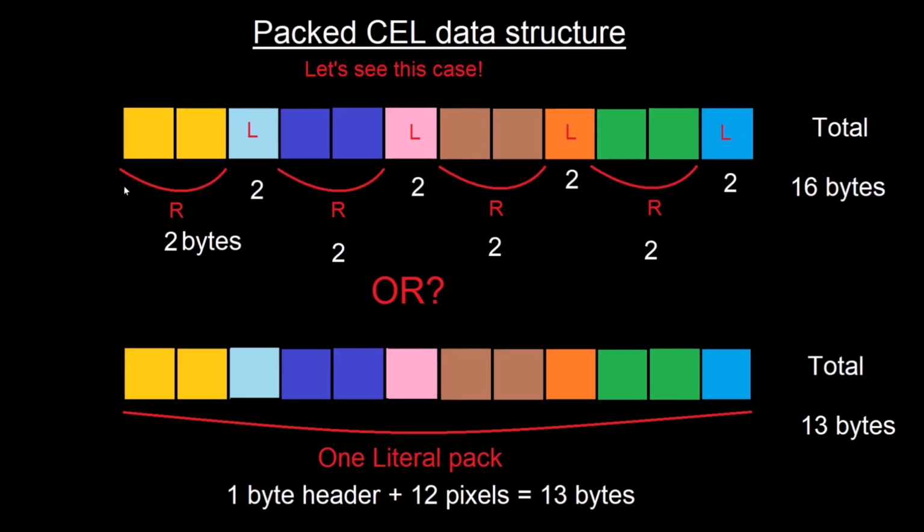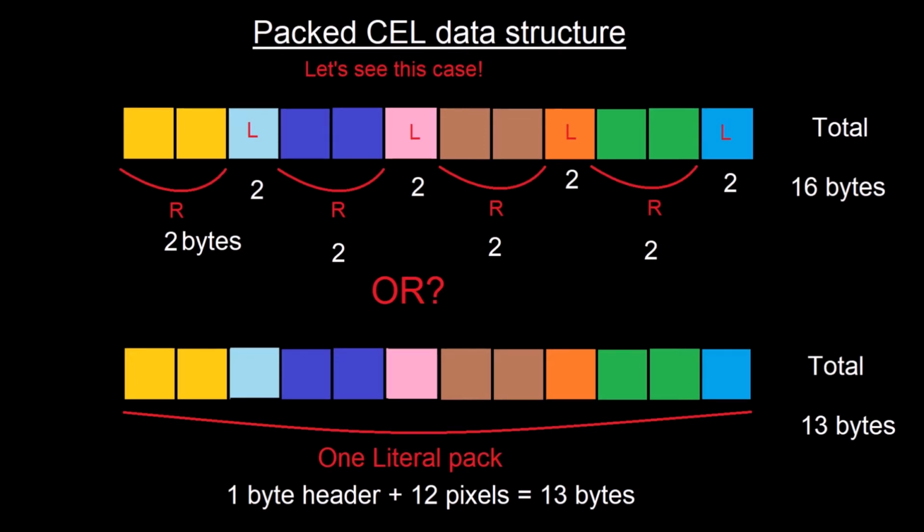And if you add this section it is 16 bytes. But these are 12 pixels. So in this case, it's better to save this as 1 literal pack. 1 byte header that says the next 12 bytes take the data uncompressed and write them. No pixel repeats, take them as they are, even if they have similar colors sometimes. And this ends up being 13 bytes.